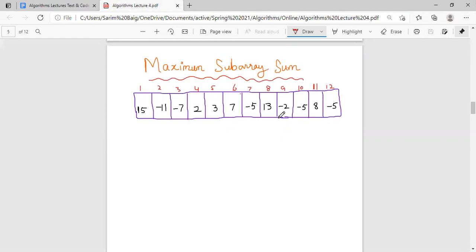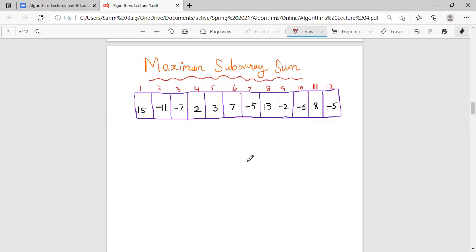Okay, so let's go back to this slide where I have an example. Before we go into the algorithm, let's make some observations about this problem. The first observation is that if you look at this problem for the first time, maybe you would think the largest number should always be a part of the solution. That's not necessarily true.